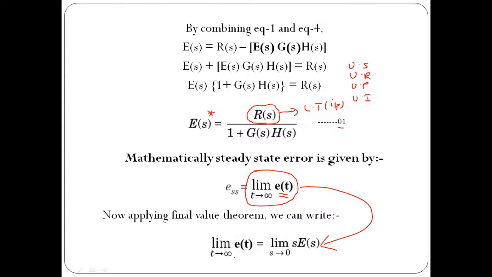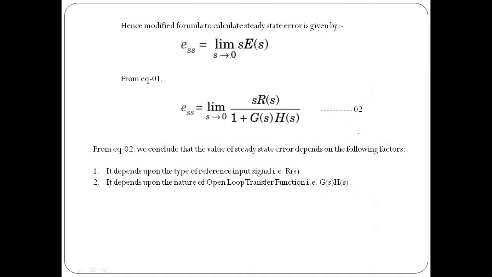Limit t tends to infinity e(t), we can write as limit s tends to 0 s into E(s). Now E(s) is known to us from equation number 1. So we replaced that by equation 1 and solved, and finally we got equation number 2, which is the expression to calculate the value of steady state error.